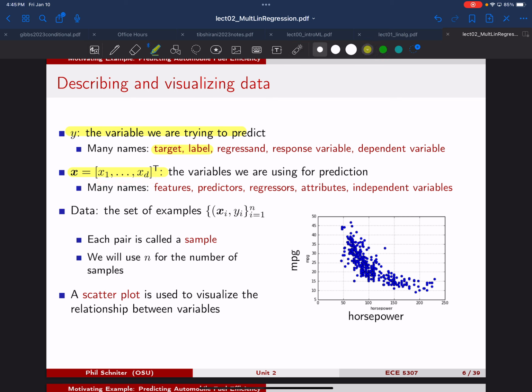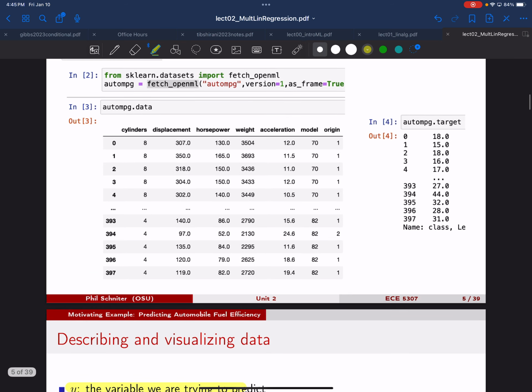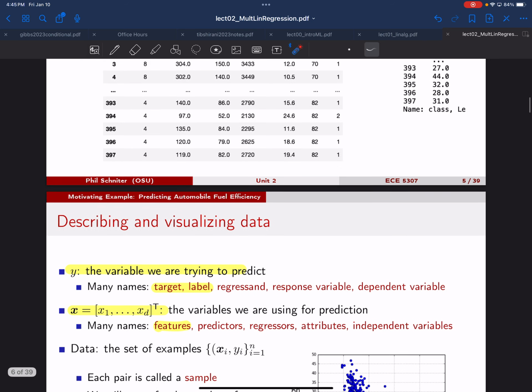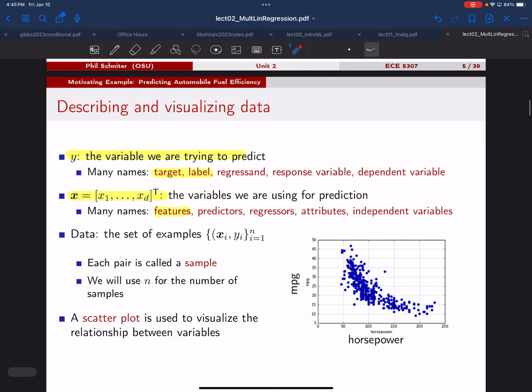We're going to refer to these as features, but they also have other names like predictors, regressors, attributes, independent variables, and so on. Okay. So for us, these would be our features, however many of those that we use. And we're going to use d to represent the number of features we're using for prediction.